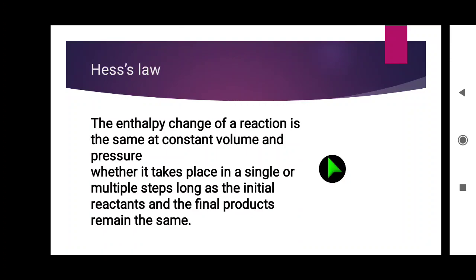The enthalpy change of a reaction is the same at constant volume and pressure, whether it takes place in a single or multiple steps, as long as the initial reactants and the final products remain the same. That is called Hess's law.